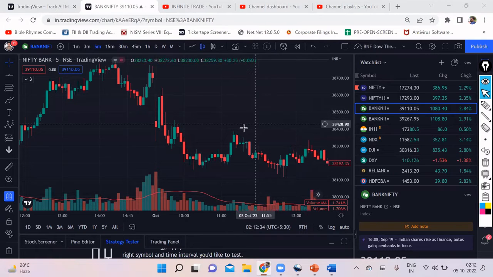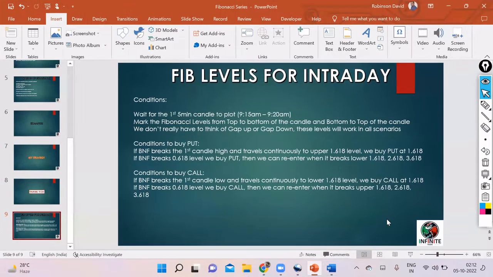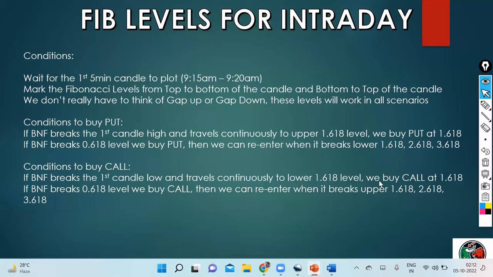Okay. So before we begin to apply the Fibonacci, I have mentioned some conditions here. If you can make a note of it, it would be great in the initial stage when you actually go and buy a call or a put. Okay, so what are the conditions?